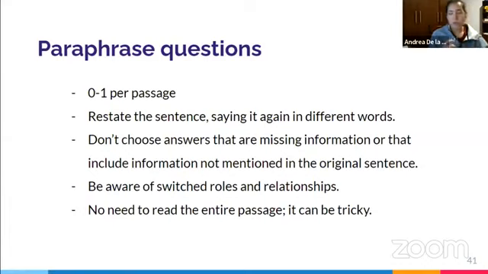Now, what do you guys have to consider here? You need to make sure that the option that you choose contains the same main idea. It's kind of similar to the purpose question. You have to be looking for the main ideas, because every sentence, everything has a main idea. So you have to understand the main idea of the original sentence and have to look for that main idea in one of your options.